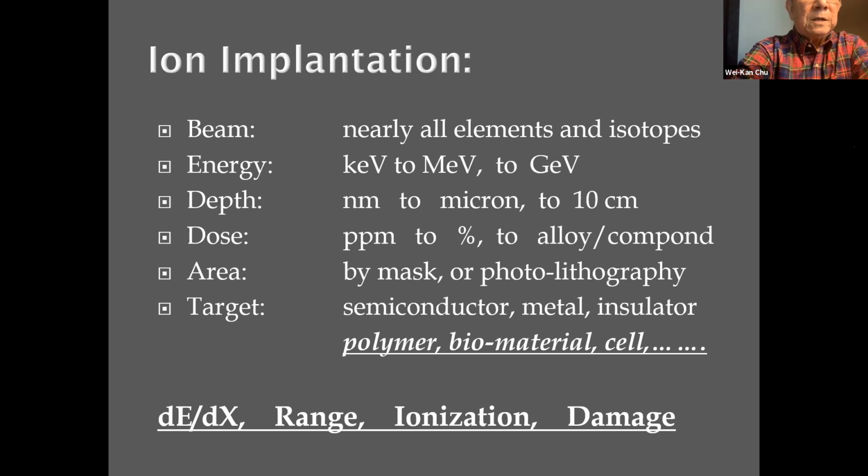For the three items, DEDX ranging, ionization is very clean, very simple physics concept. And I feel every student, by reading it, can master that in probably 2 weeks. The damage has a complexity.